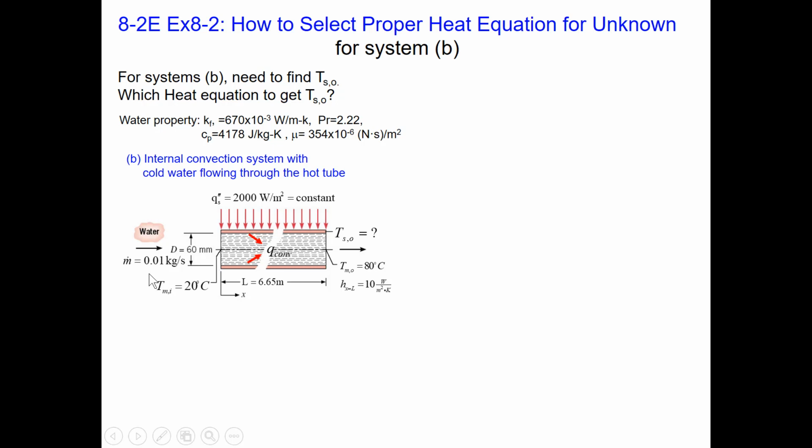What we know is the flow rate, the diameter, the flow temperature at the inlet, the length, the constant heat flux acting on the solid surface, which is our thermal boundary condition. There's a convection between the solid surface and moving fluid.